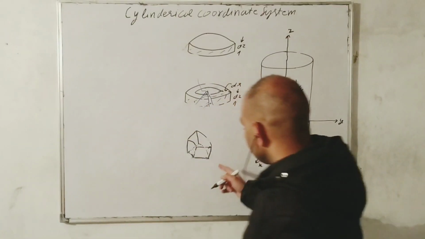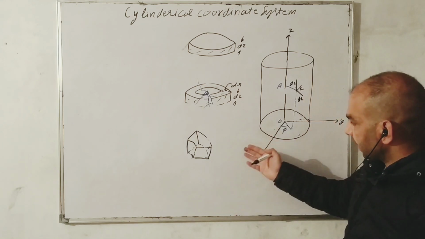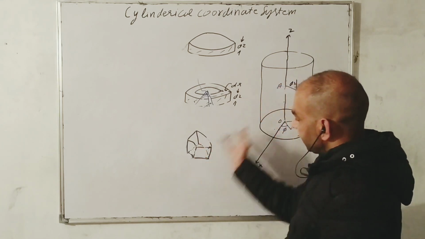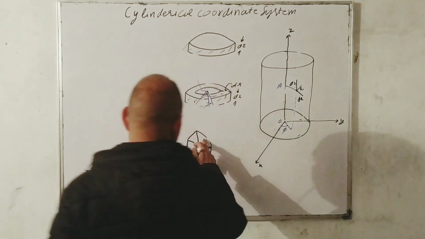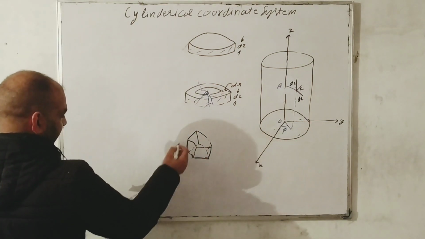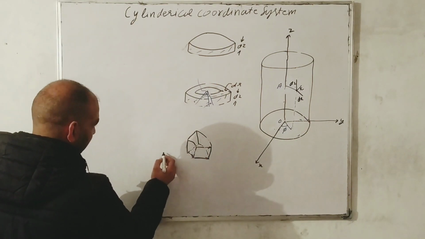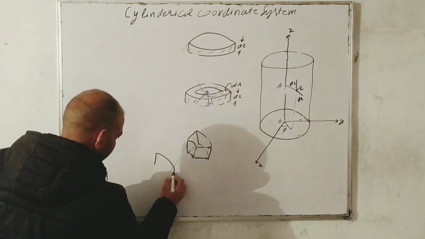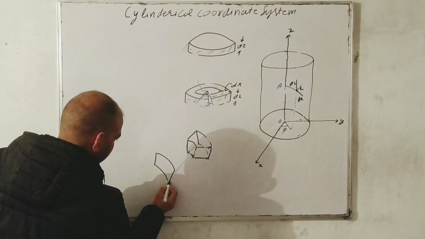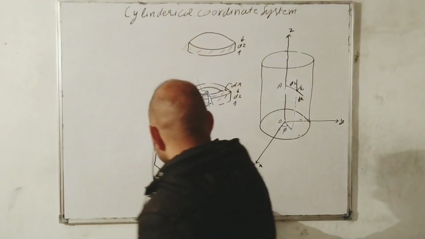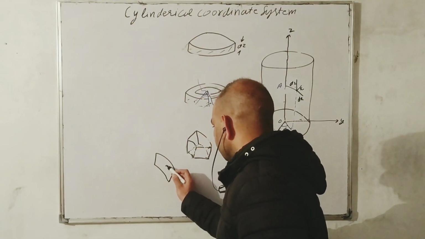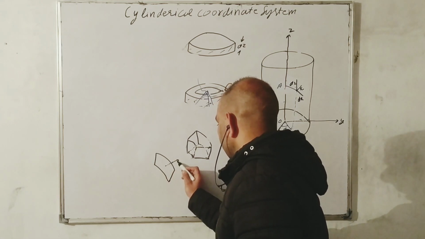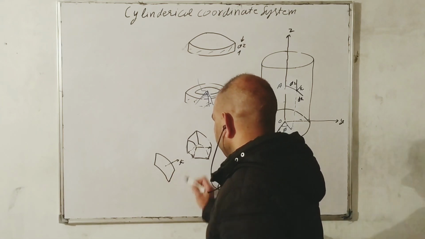Suppose we are finding the area element along the r direction. So r will be in the outward direction. It will look like this, this is the area element along the r direction. So this vector will be in the direction of r cap.